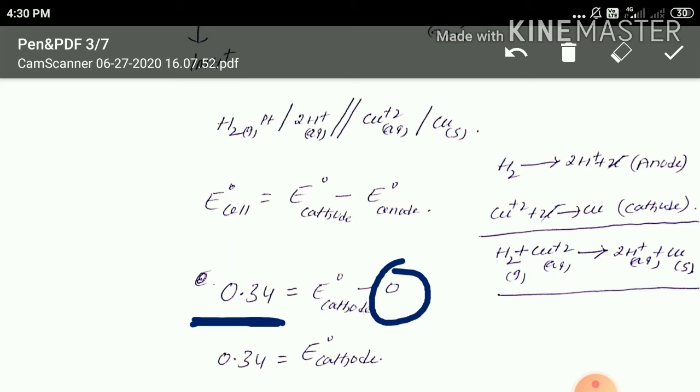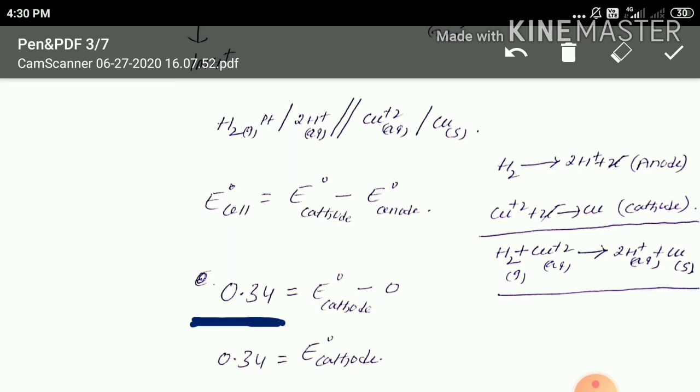Simply, we can understand the standard electrode potential value of copper, the cathode, is equal to 0.34. That is equal to the EMF value of the cell. Like that we have to identify the EMF value of all the cells.